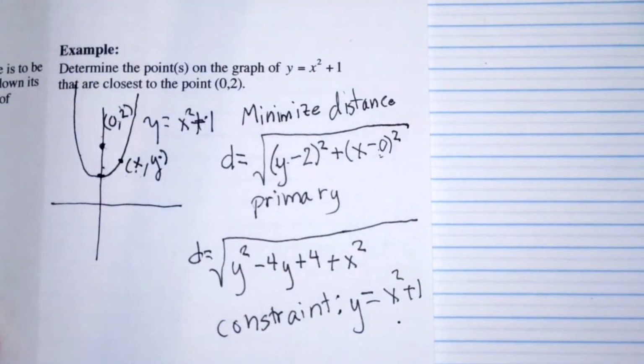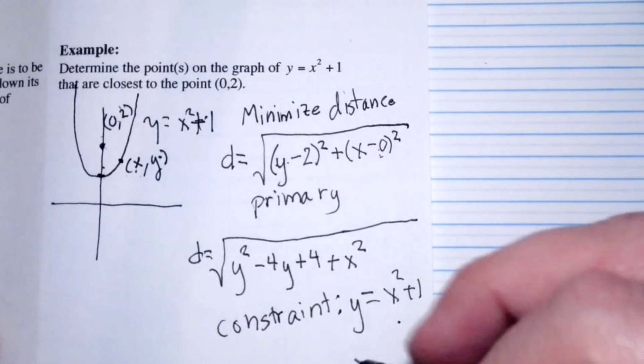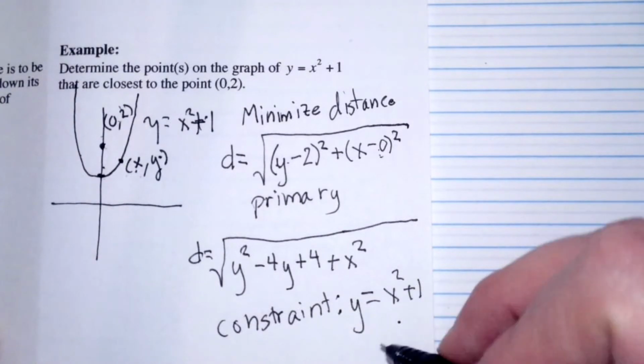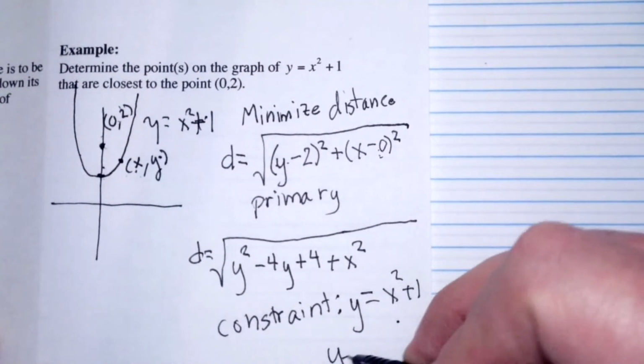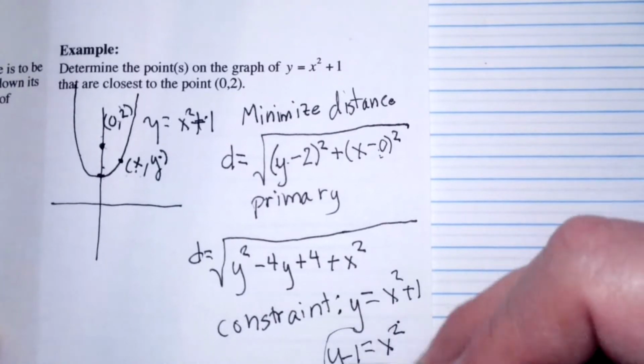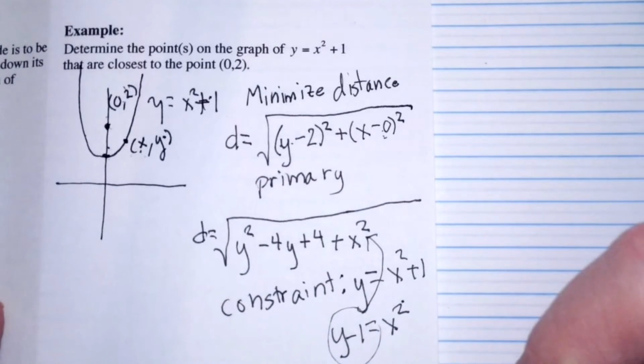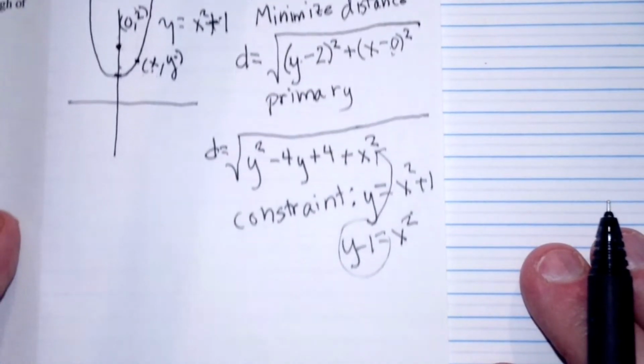So here is my proposal. Let's solve this equation for x squared. Subtract 1 from each side. Now let's take this and replace the x squared with y minus 1.